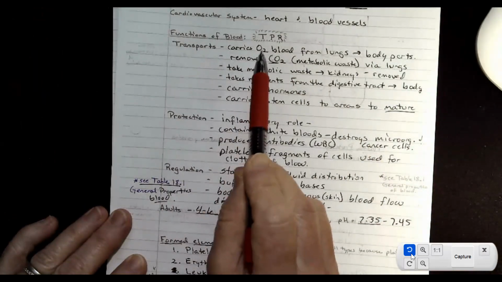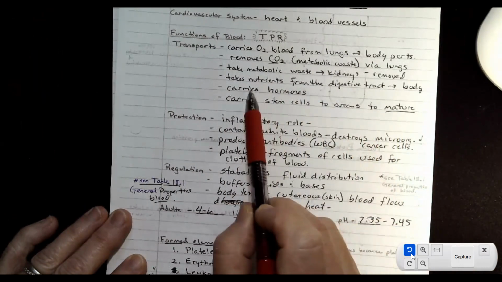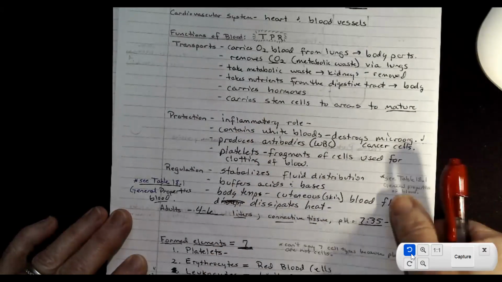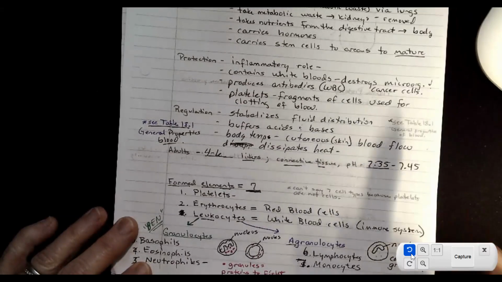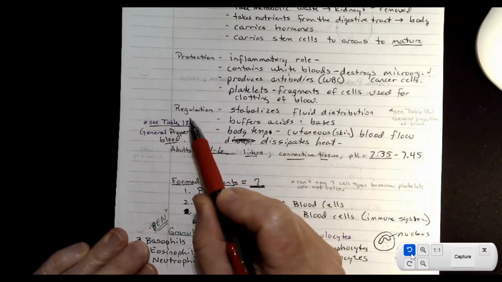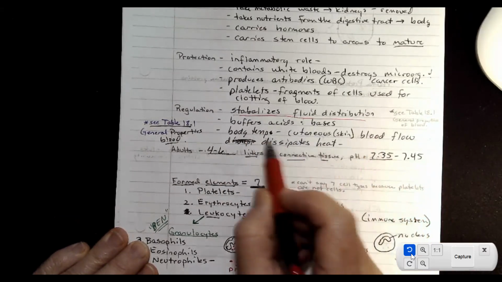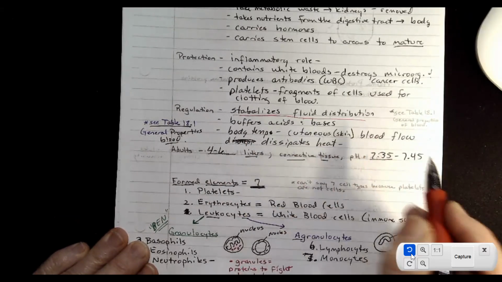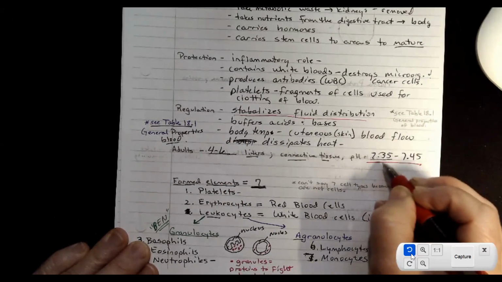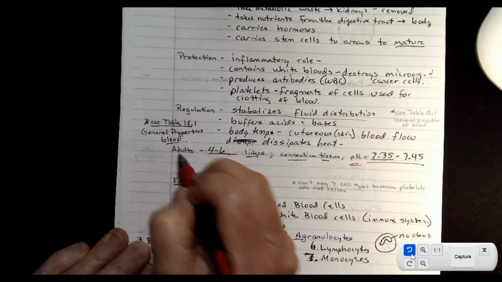Primarily transport is oxygen and carbon dioxide, but we also have metabolic waste that we want to get rid of. We want to take the nutrients from the stomach to other parts of the body. It carries hormones. Protection: it brings the white blood cells to the site of injury. And the regulation: it helps stabilize fluid and fluid distribution, and buffers acids and bases so that we can keep your blood at 7.35 to 7.45. We don't want it to fall out of this pH range.